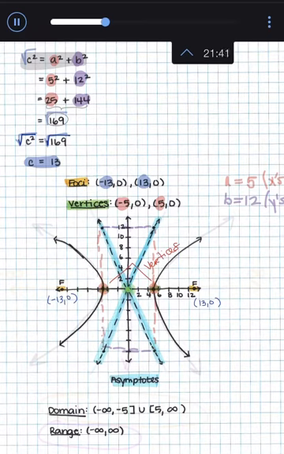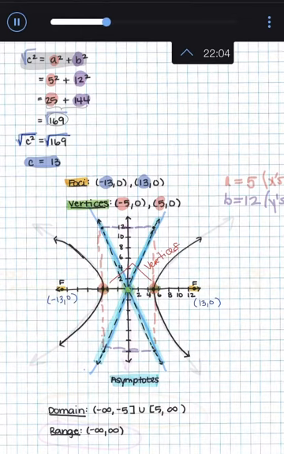And then, based on that, our asymptotes would go through the origin here at 0, 0. And we'd cross through the corners of the box, just going like a diagonal through the box in both directions. And that would make up our asymptotes.